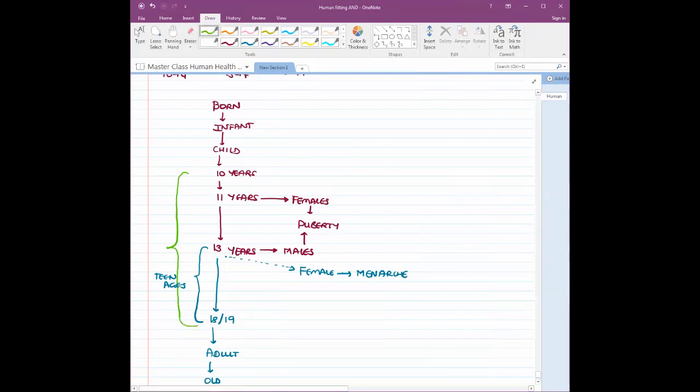So it is going to cover everything. So this is adolescence. That is a slight difference. So guys, this is what we need to know with regards to adolescence, the initial.